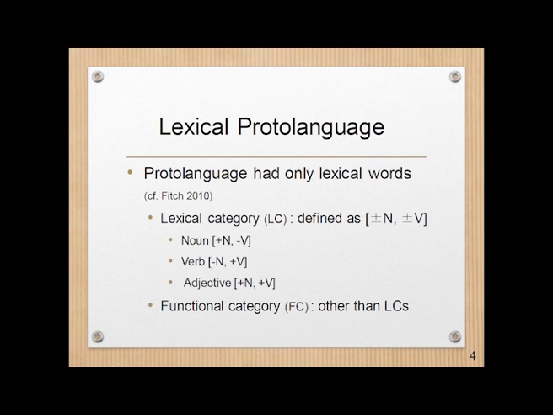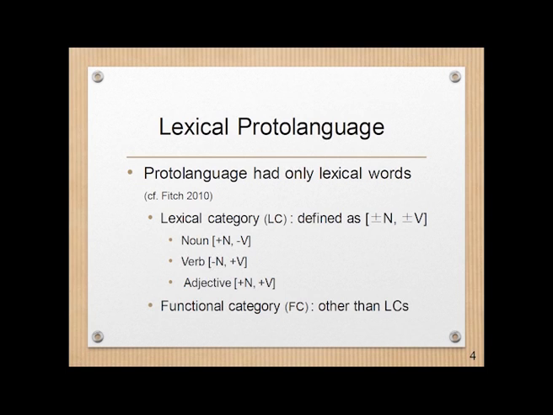In generative grammar, lexical categories are defined by the combination of category features N, which approximately stands for noun, and V, which approximately stands for verb.